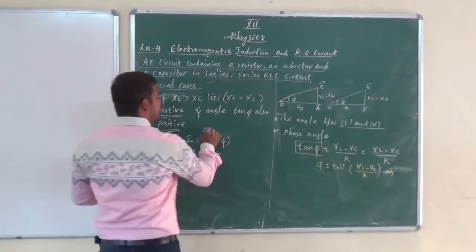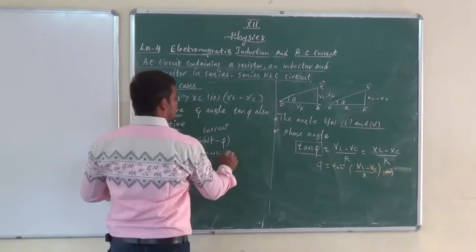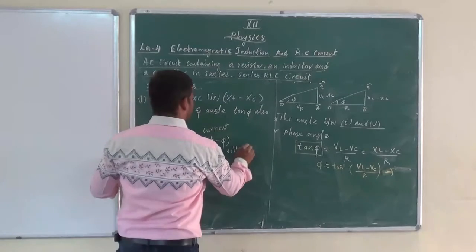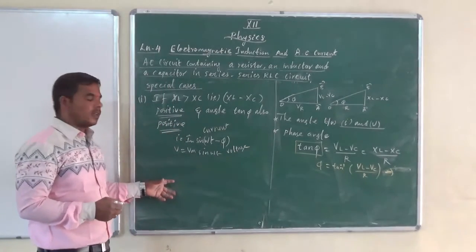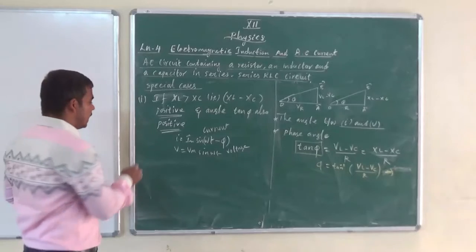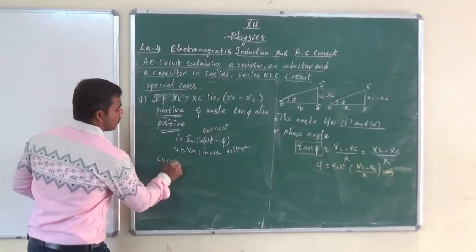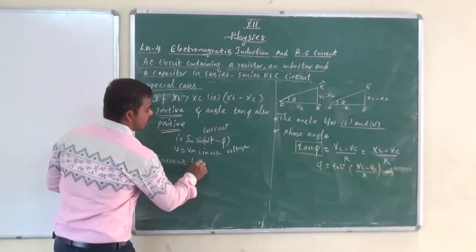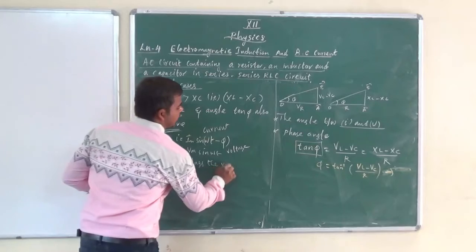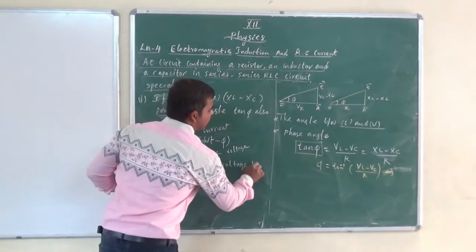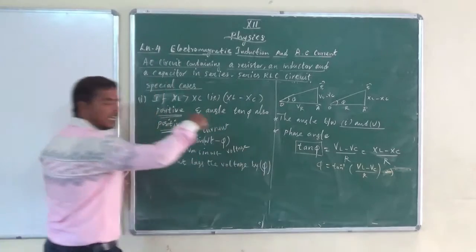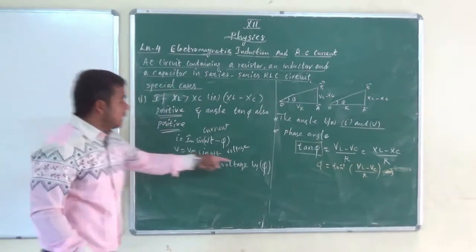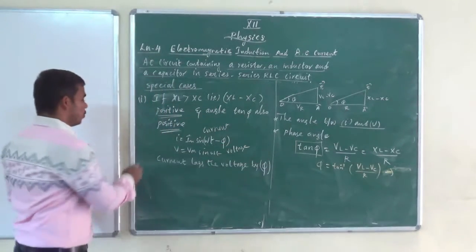So what do we have to learn from these two equations? Already we have learned that current lags the voltage by phi. Here phi means the phase angle, which we discussed as pi by 2.